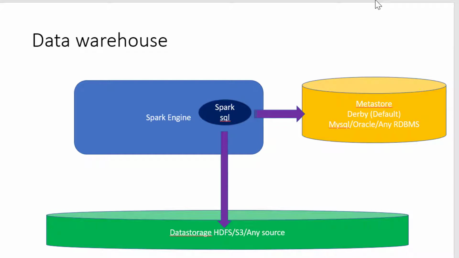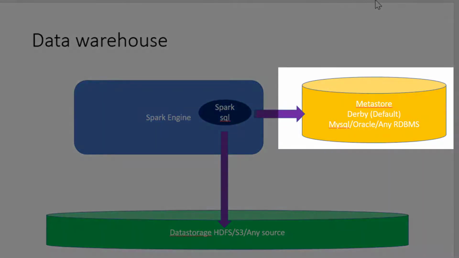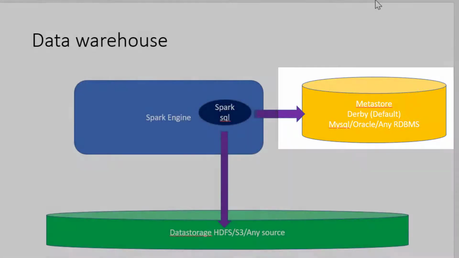SparkSQL uses a metastore. Either it could be a MySQL database, Oracle, or any RDBMS, and by default it comes with a Derby database. We don't need to do any configuration. The location where we are starting the shell, in the same location this particular metastore that is using a Derby RDBMS would get started.